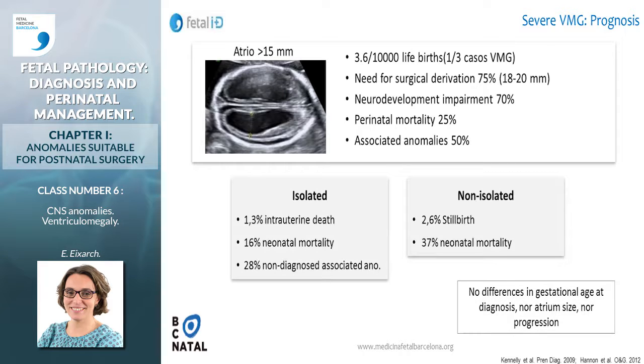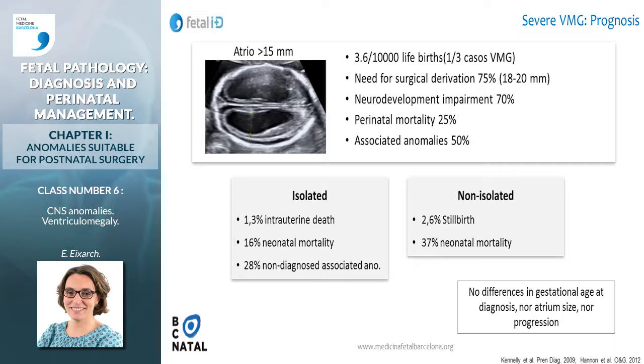We know that in cases of non-isolated ventriculomegaly, stillbirth is present in 3% of cases, and neonatal mortality in almost 40% of cases. However, when it is isolated, this rate is reduced almost to half. But we also have to remember that in 30% of cases we will find associated anomalies that we were not able to identify at the moment of diagnosis, and that are identified in a postnatal stage.